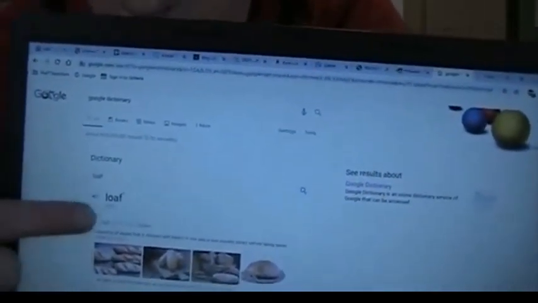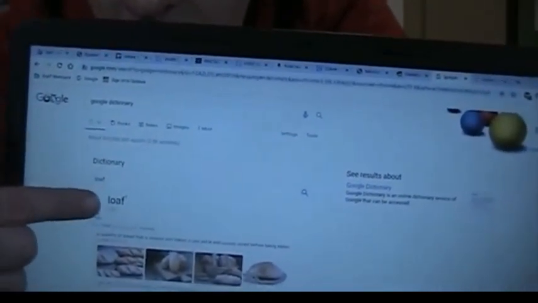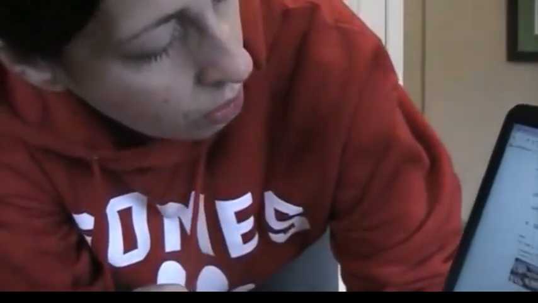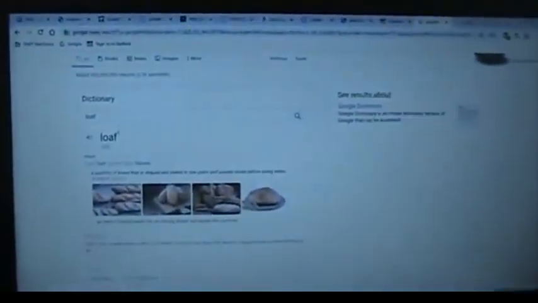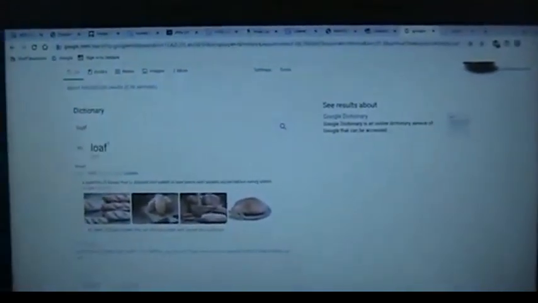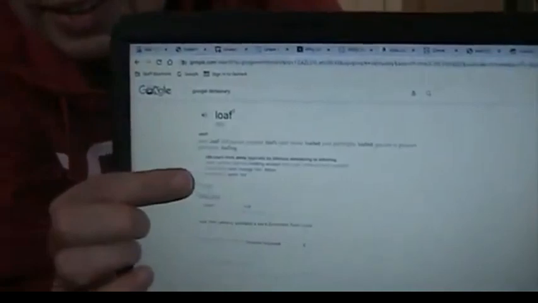So, the first word that they give in the packet is loaf, okay? So you see loaf right there? When I type in loaf, it comes up with this first. That loaf means a quantity of bread that is shaped and baked in one piece. That's the first meaning of loaf. The second meaning of loaf, if you scroll down, see there's a little 2 next to that one? The second meaning of loaf says to idle one's time away, and under synonyms it says laze.